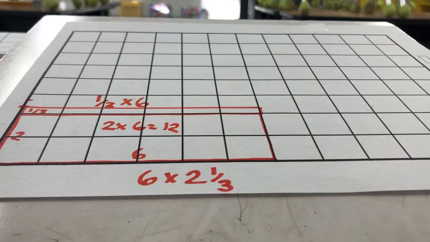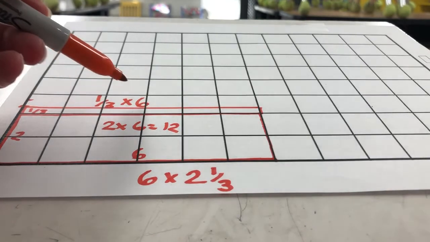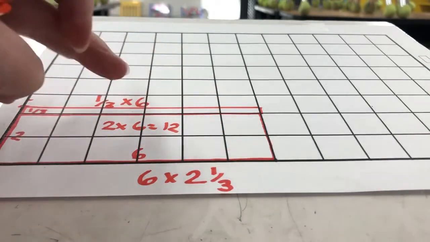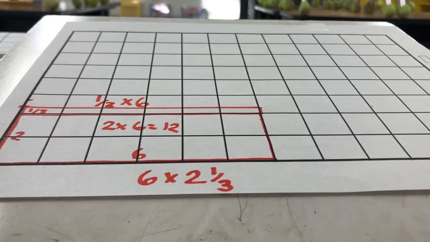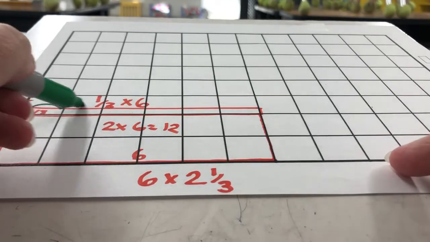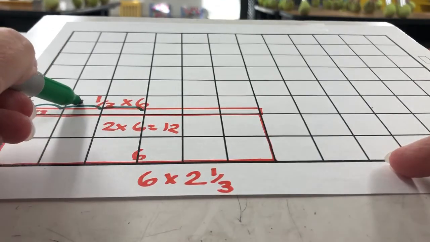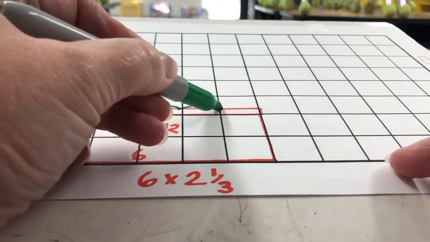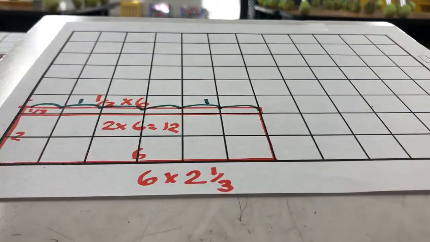Just like before, I can do it either by working out the math problem 1/3 times 6, or I can combine the thirds and make wholes. I know that it takes 3/3 to make 1 whole. So I'm going to say 1, 2, 3/3, that's 1 whole. 1, 2, 3/3, that's 1 whole. It doesn't always come out perfectly even, but in this problem it does.